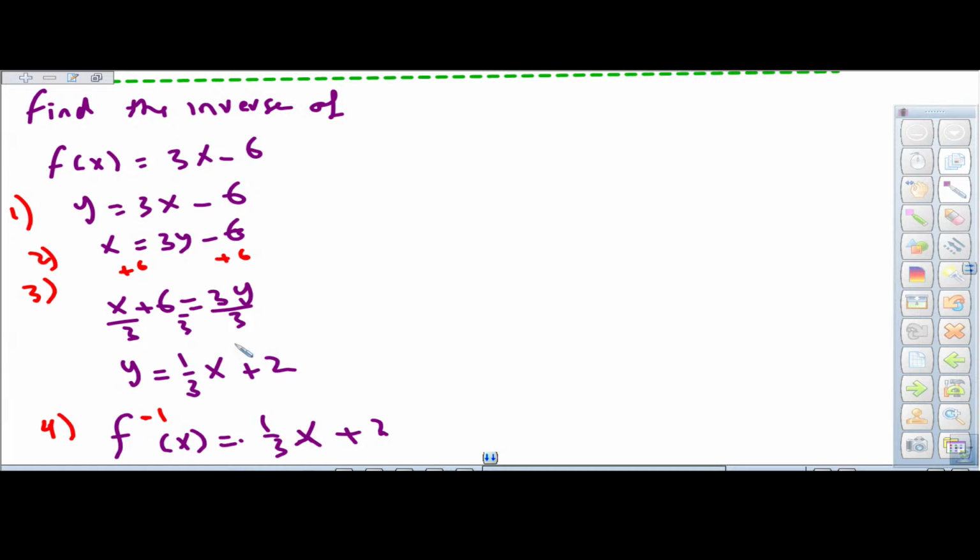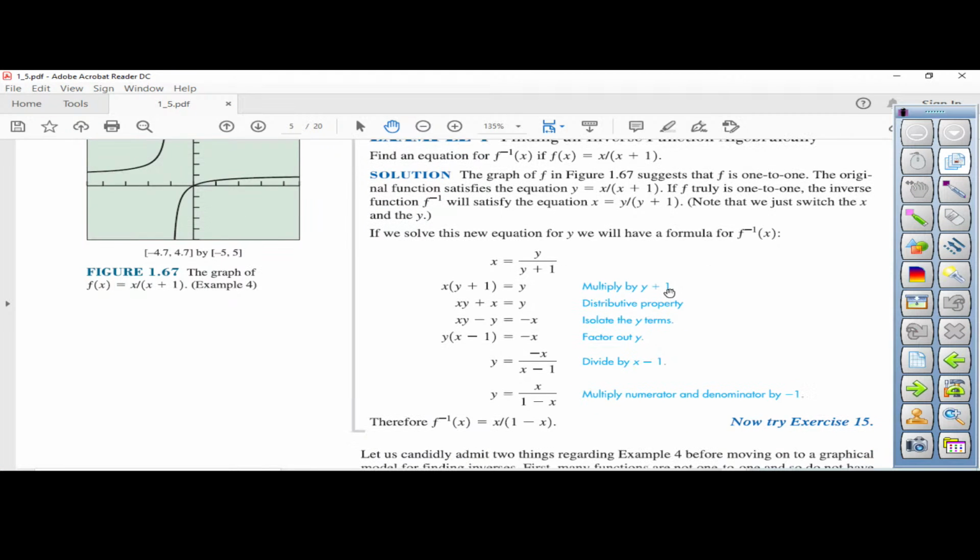Now some of them are doable like this, pretty straightforward. Another one, which the text is proposing, I'm going to do in its own space, which is this one here.